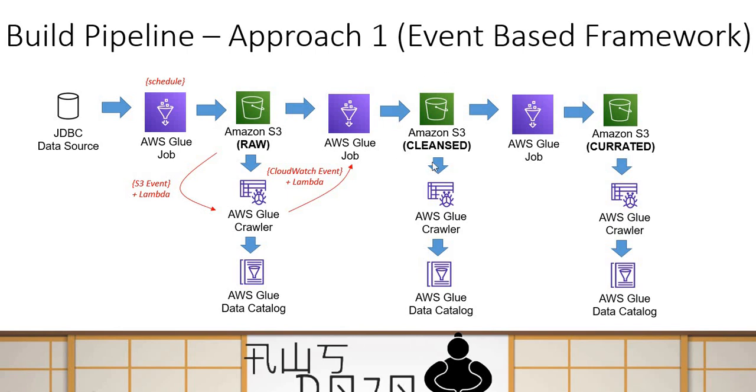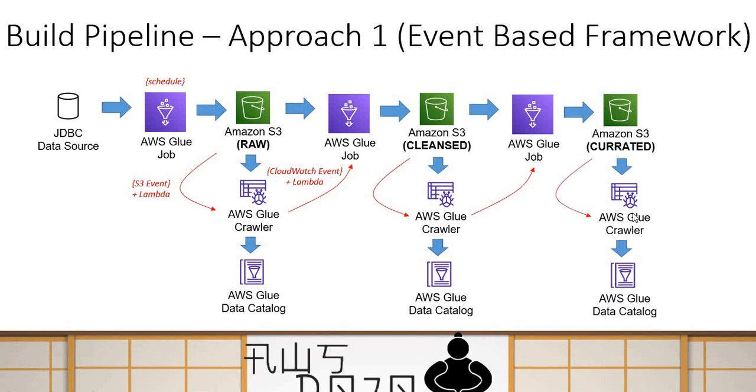The moment data has been created in the S3 bucket in the cleansed area, one Lambda function and S3 event is used to start the next set of crawler or crawlers which are responsible for cataloging the cleansed data. And when this crawler ends, it again raises a CloudWatch event, which then uses a Lambda function to run another set of glue jobs, which are responsible for converting your data from cleansed data to curated data.